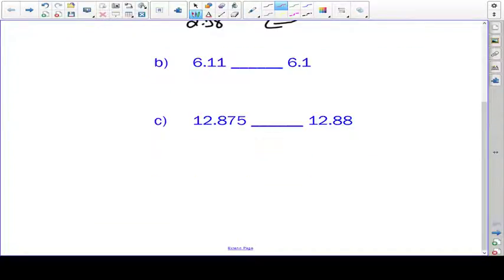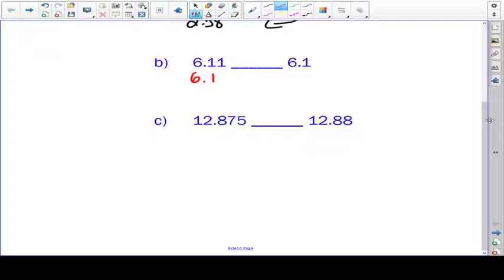So we have 6 and 11 hundredths and 6 and 1/10. So again, I'm going to put 6 and 1/10 below. Now it might be tough for us to compare two numbers where they have a different number of place value digits after the decimal.